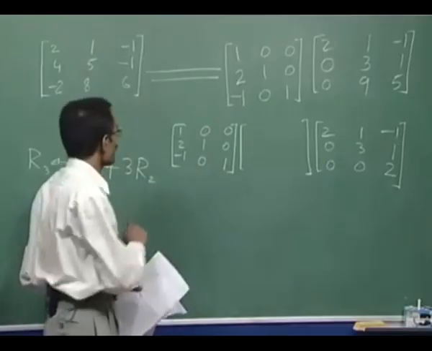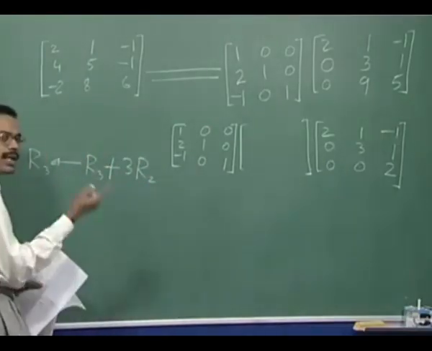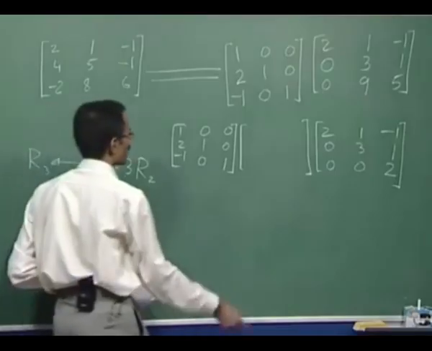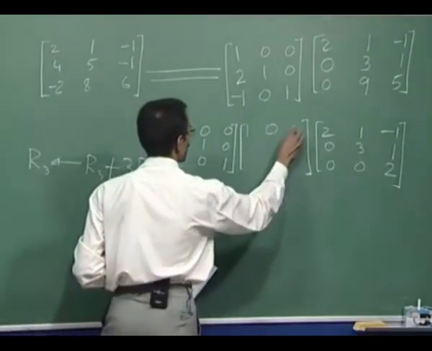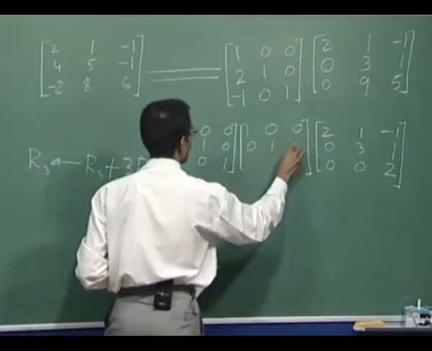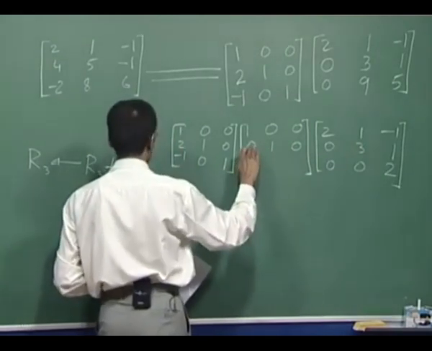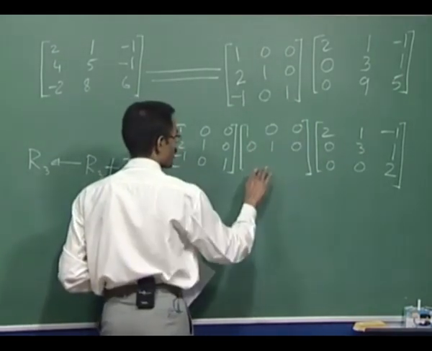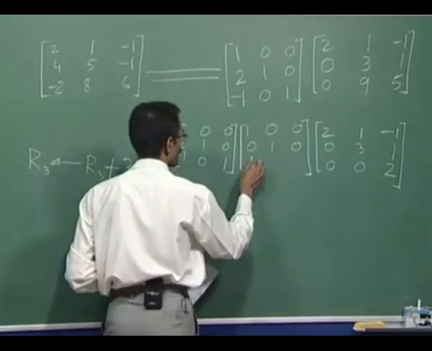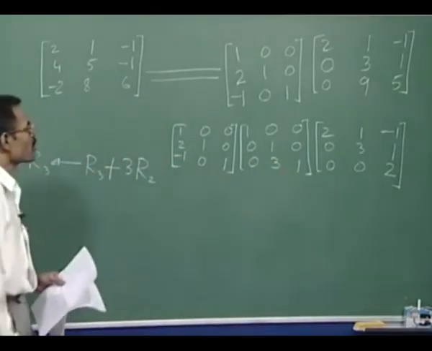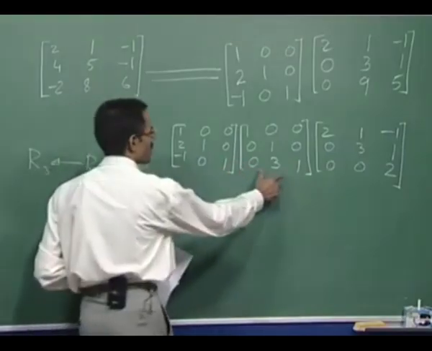So, what is that thing? That matrix will be the elementary matrix corresponding to this elementary row transformation, and that is very easy to get, that is through addition of thrice the second row of this to the third row of identity, right. So, now you see another lower triangular matrix.